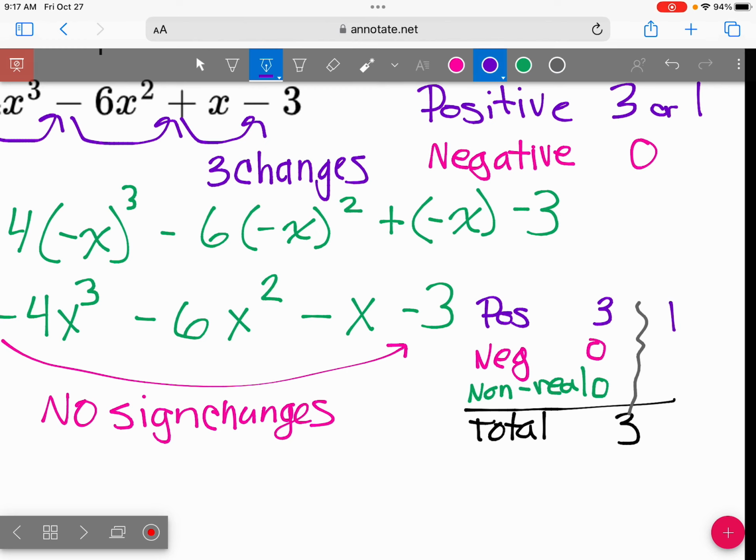We're still going to have no negative roots. How many complex roots would we have then? 2. Because we still need to wind up with a total of 3. That's our degree. So we're just going to list out all the options.